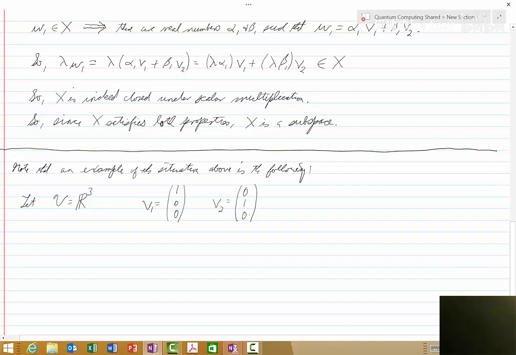Now, if we do this, can you see what X is?